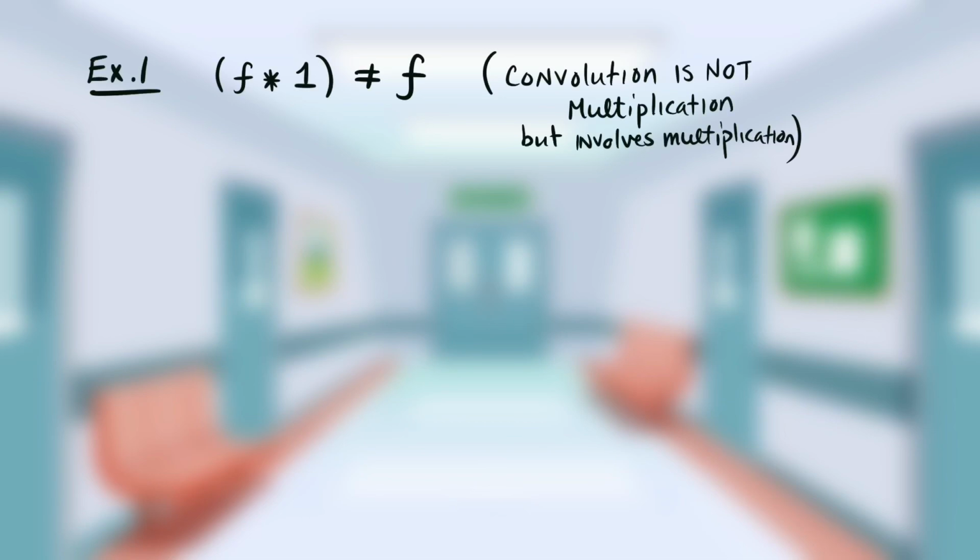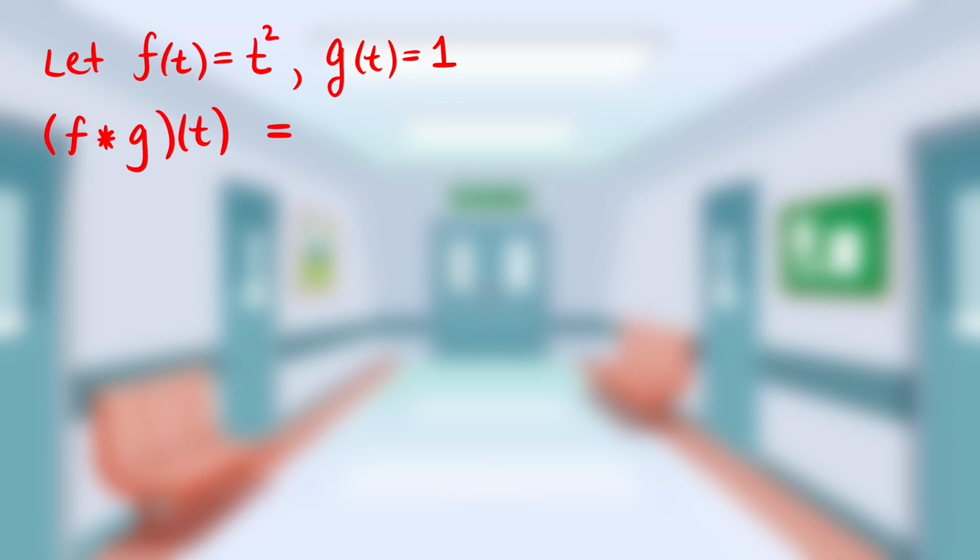For our first example, we'll do the convolution of a function f with the constant function 1. So let's take f to be the function t squared and g to be the function 1, and we'll calculate the convolution.